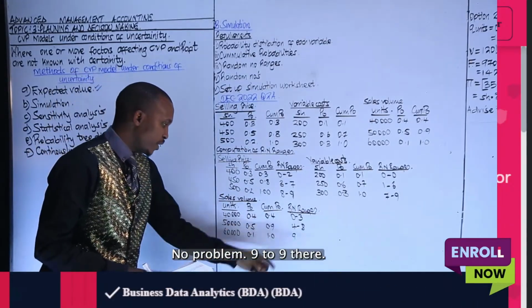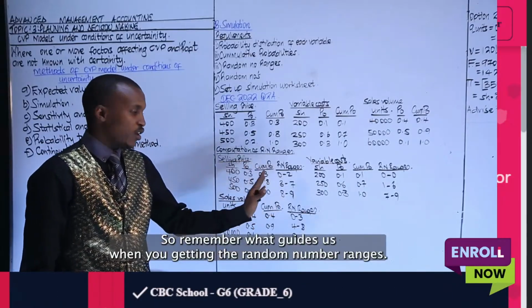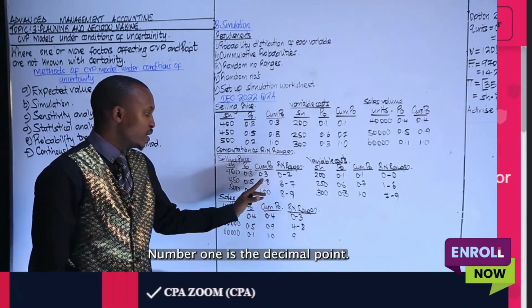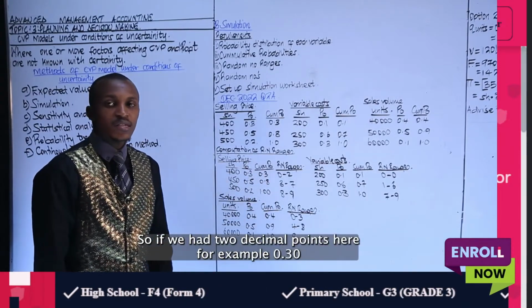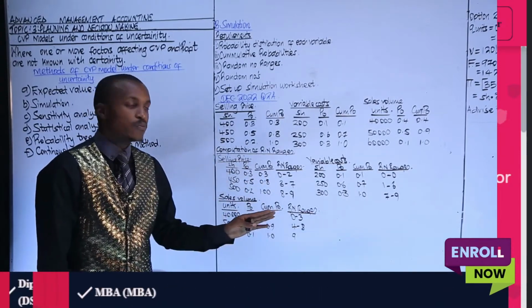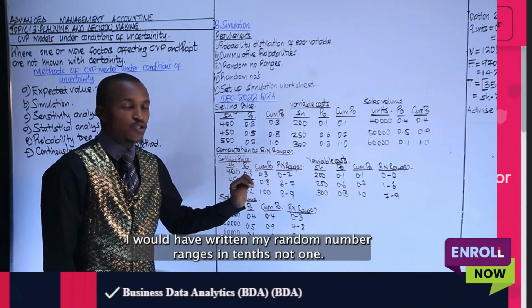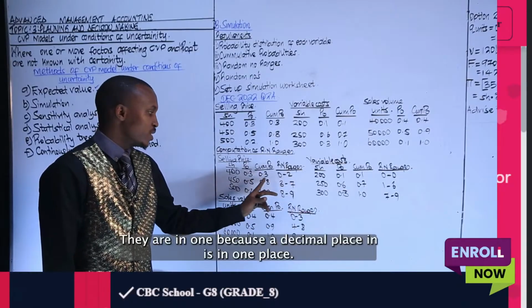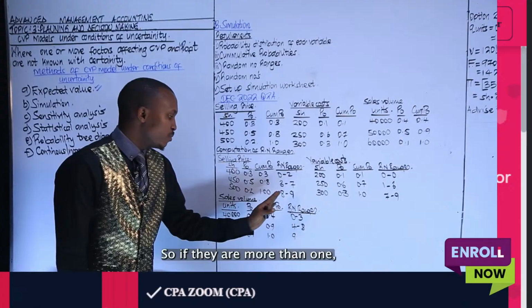So remember, what guides us when you're getting the random number ranges? Number one is the decimal point. If we had two decimal places here, for example 0.30, I would have written my random number ranges in tens, not ones. Here they are in ones because the decimal place is in one place.